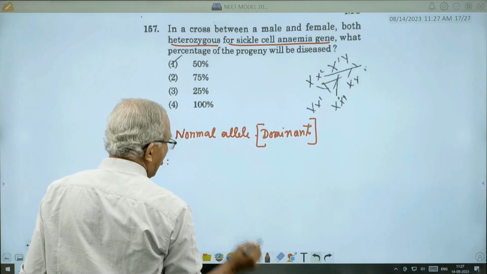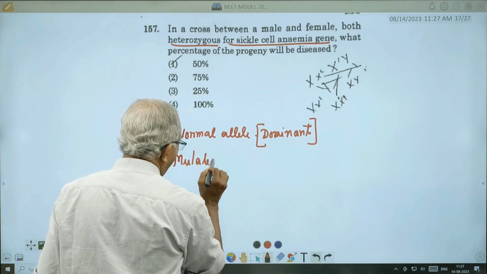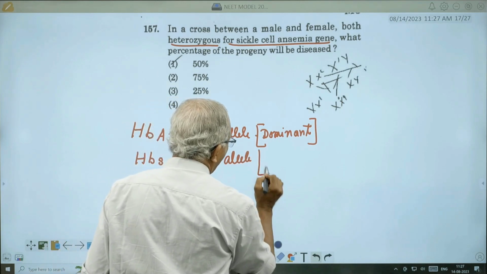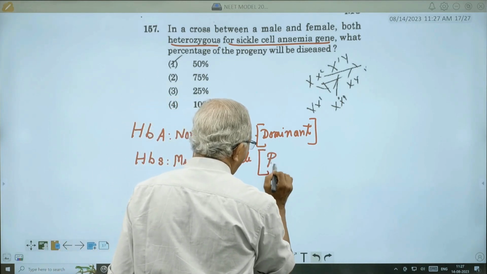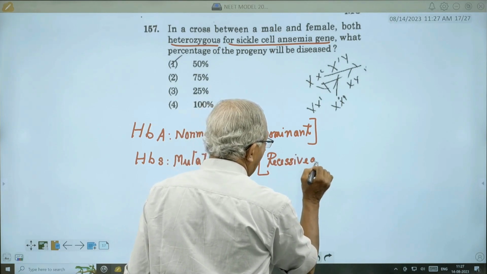HBS is the mutated allele, the recessive allele.